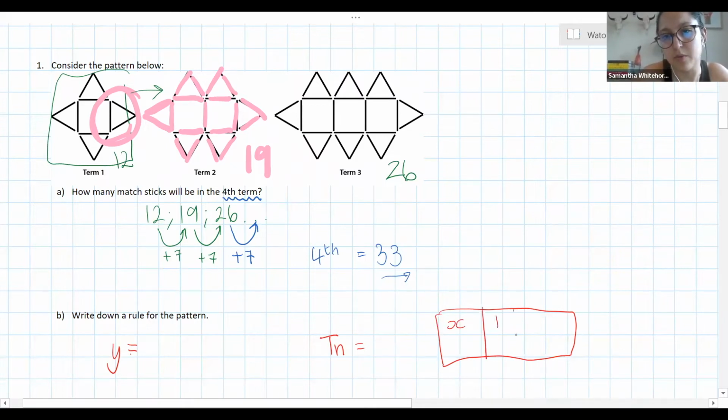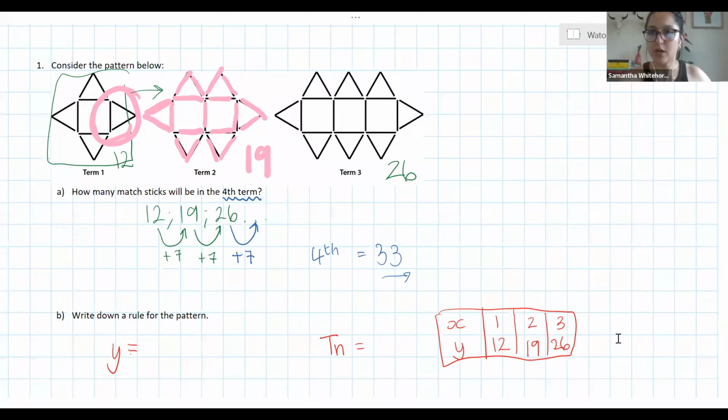So term number 1, term number 2, term number 3, and y being how many matchsticks. So 12, 19, 26. So I want a rule that's going to get me from x to y. Right. So guys, as Ntokozisi said, that addition of 7 is a super important part of finding this rule.